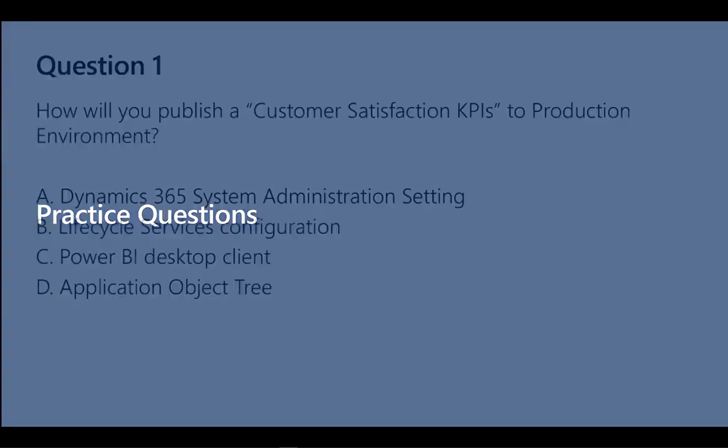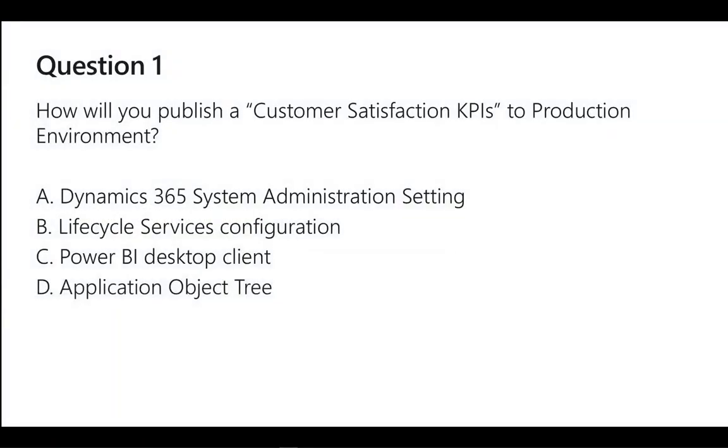Practice questions. Question 1. How will you publish a customer satisfaction KPI to the production environment? A. Dynamics 365 system administration setting. B. Lifecycle Services configuration. C. Power BI Desktop client. D. Application object tree.